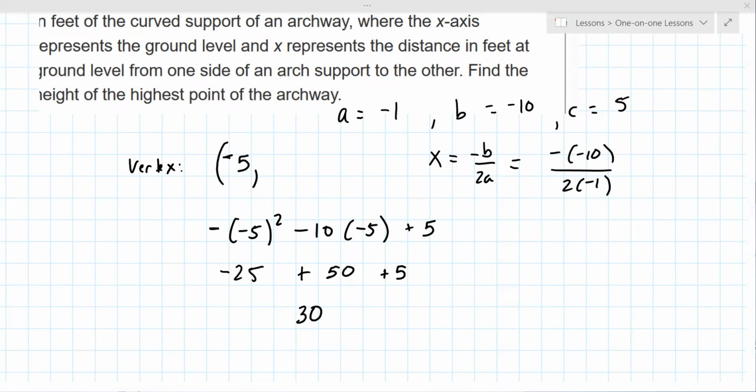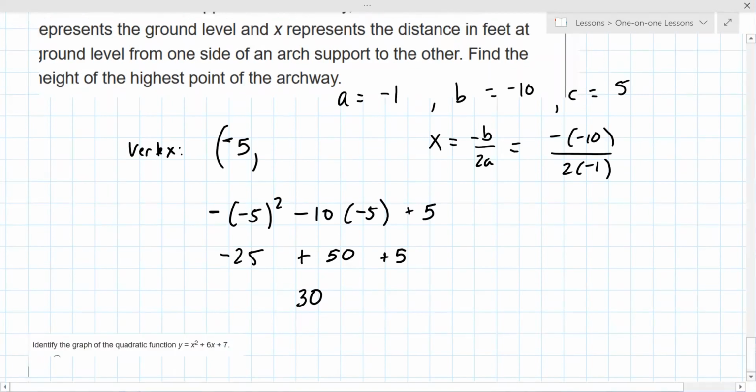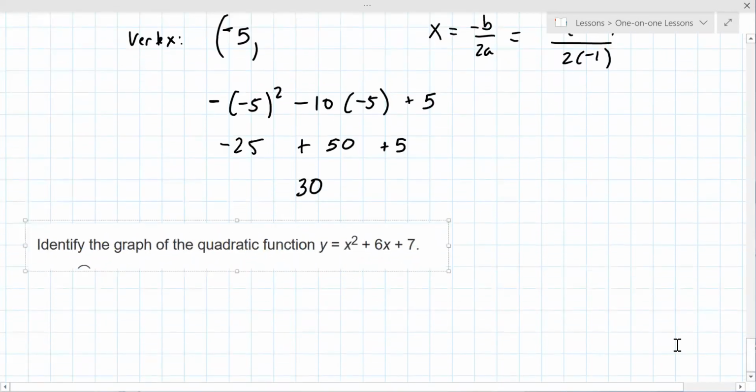All right, so we're on to Wednesday's work. It says identify the graph of the function y equals x squared plus 6x plus 7.